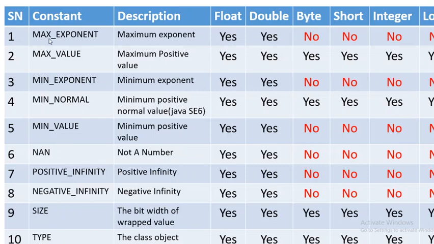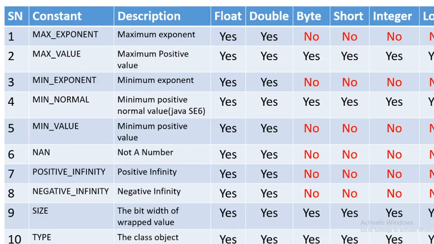First, MAX_EXPONENT. This constant is available only in the Float and Double wrapper classes. It is used for the maximum exponent value available with that wrapper class. So definitely it is an exponent, it can be available only with Float and Double, and not with the remaining types.